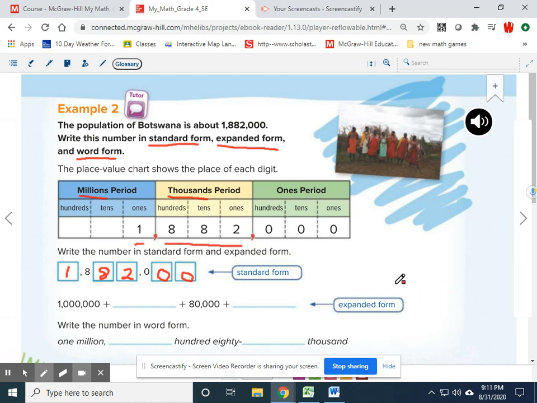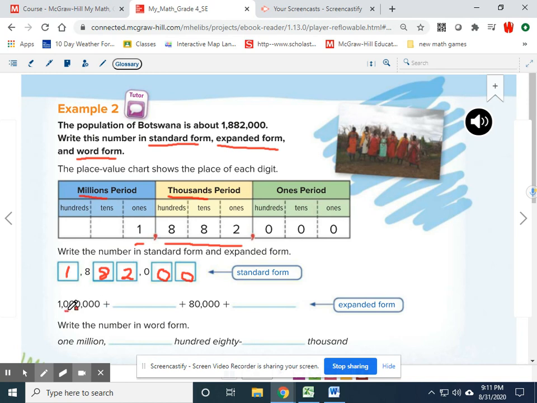Expanded form I know you guys talked about a little bit in 3rd grade, but it's been a while ago. So expanded form is where we write each digit followed by a bunch of zeros. I always start at the front when I'm doing expanded form. So the very first number that I have is the 1. I have a 1, and then I count how many spaces are behind it. There's 1, 2, 3, 4, 5, 6.